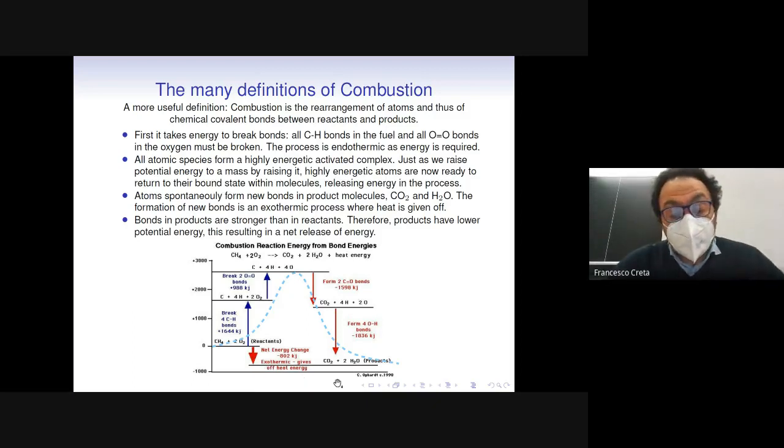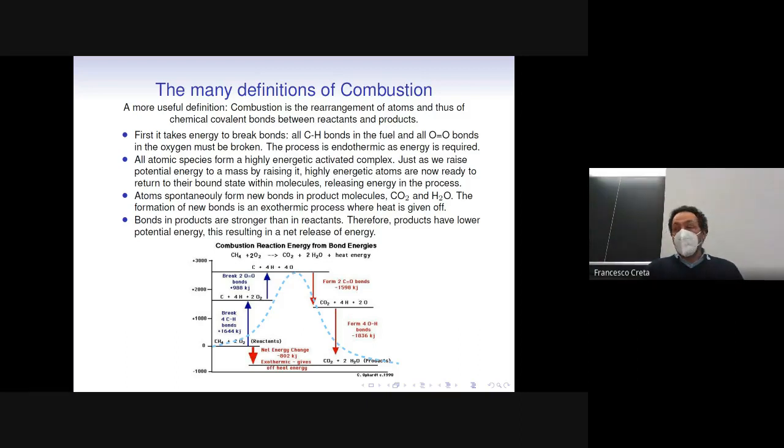So you see that combustion can be thought of essentially as this rearrangement of atoms, and it's a conservation of energy, because clearly here we're not violating any conservation of energy principle. I want to be clear with this. You have to think of this as an overall process.